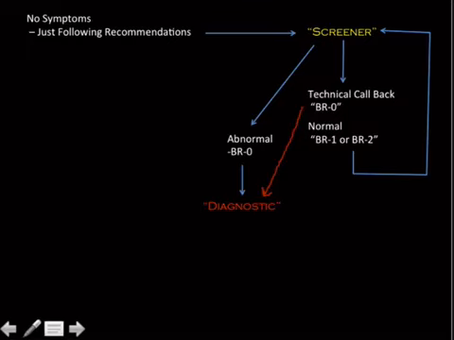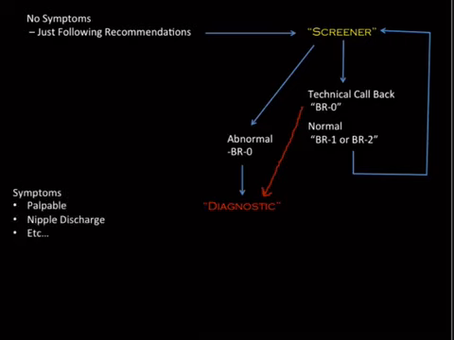So you're going to get additional imaging, and then that is either going to be... Well, back up. So that's one way to get into the diagnostic call pool, is to have an abnormal screener. The other way to get in the diagnostic call pool is to have a symptom. So this is distinct from this here. These people have no symptoms.